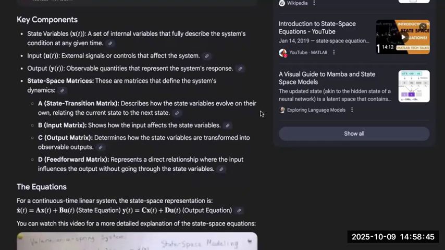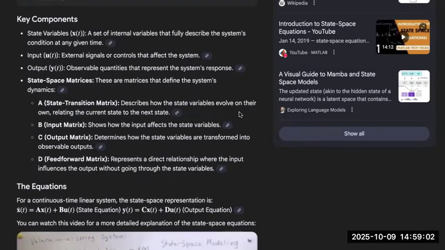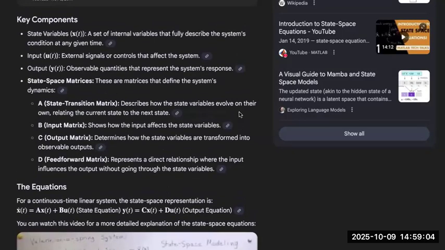So key components. We have state variables x(t), which is a set of internal variables that fully describe the system's condition at any given time. We have the input u(t), which is external signals or controls that affect the system, and the output y(t), which is observable quantities that represent the system's response. We have state space matrices, and these are matrices that define the system's dynamics.